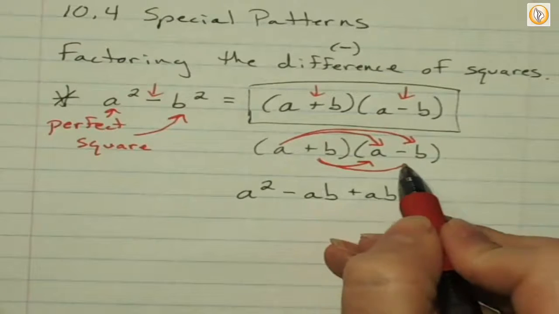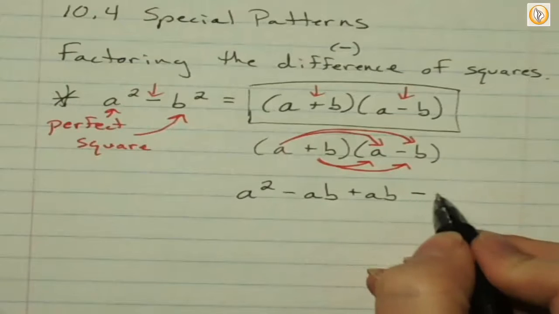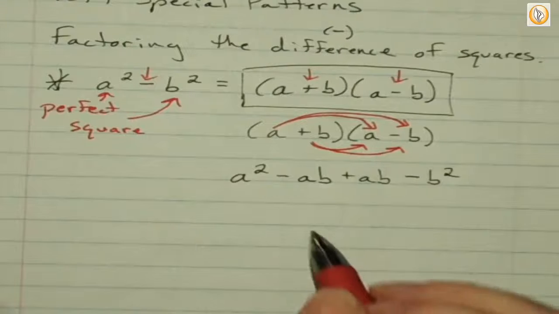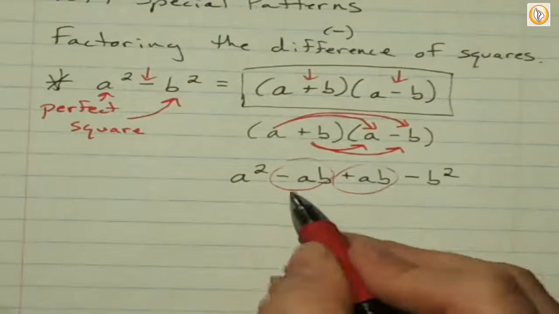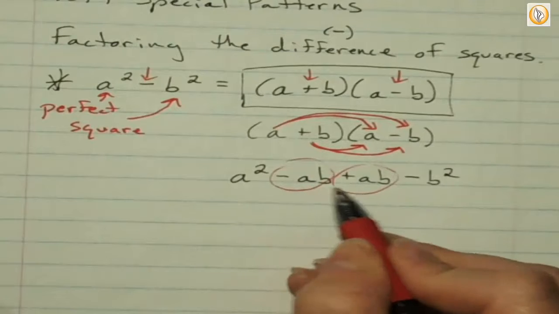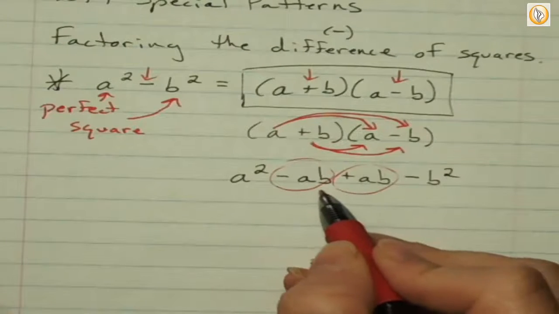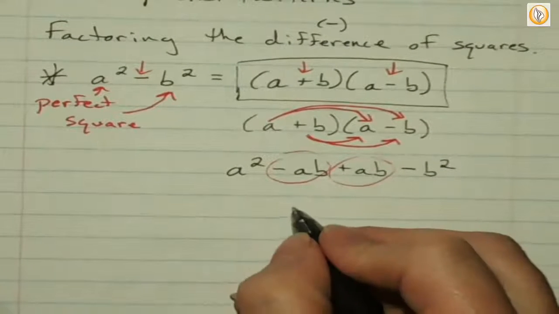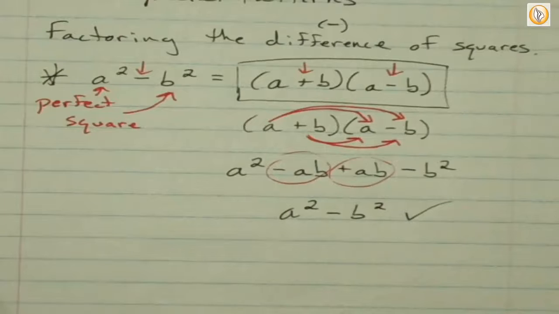And then B times negative B, negative B squared. These are your like terms. Negative AB plus AB, Cecilia, what happens? It goes away. They cancel out. So then you're left with A squared minus B squared. Oh, that checks.